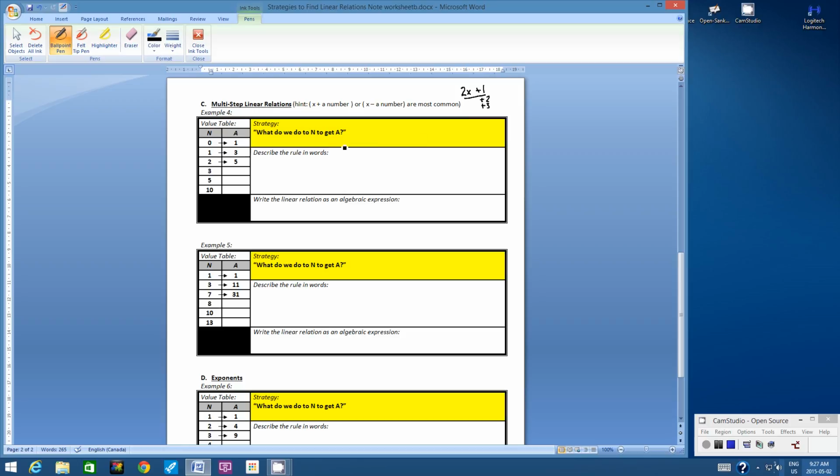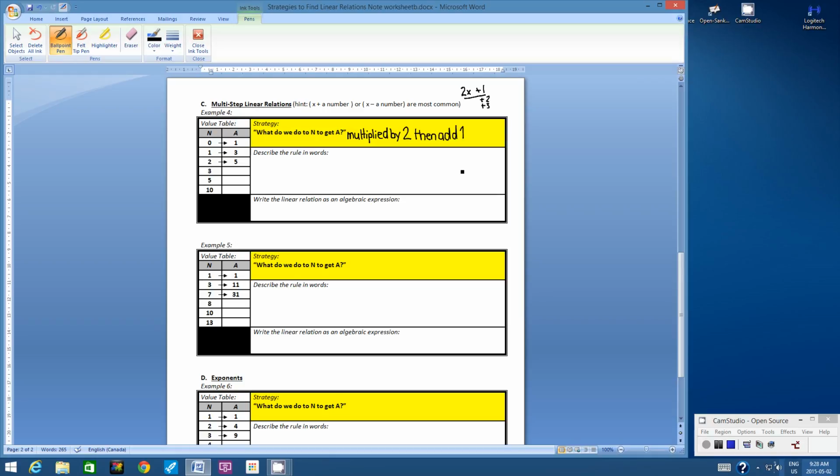Okay, all right, so what did we do to n to get a? Well, we multiplied by 2, then we added 1, didn't we?